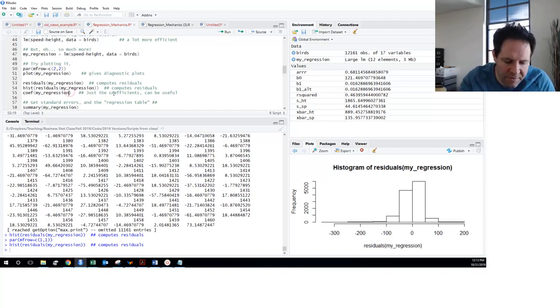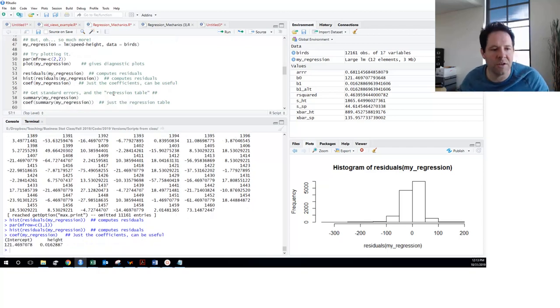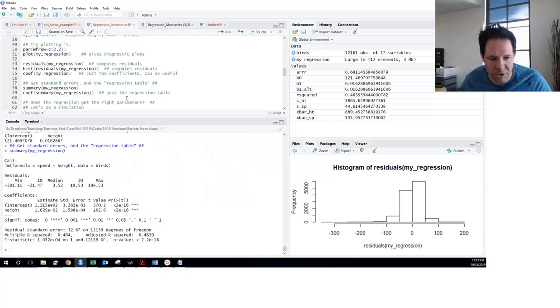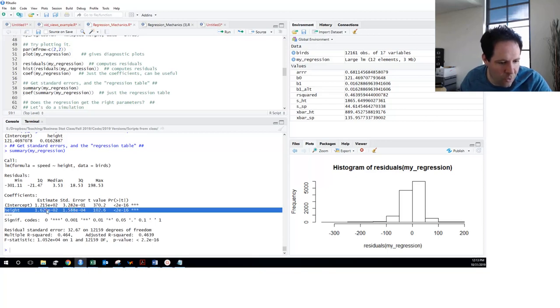If you just want the coefficients from the regression, you can extract those using the coef command, and that's actually what I was doing earlier when I wanted to plot the line. If you want the standard regression table, this gives you even more, including things called a standard error for the intercept and a standard error for the slope.